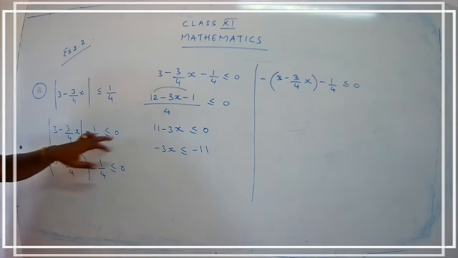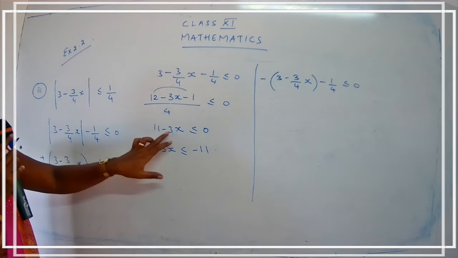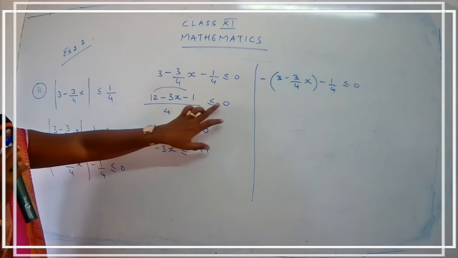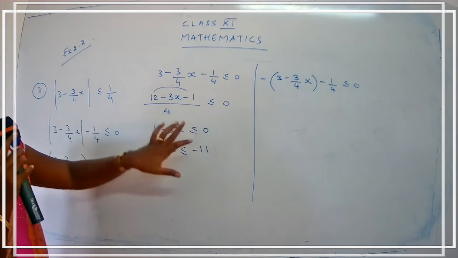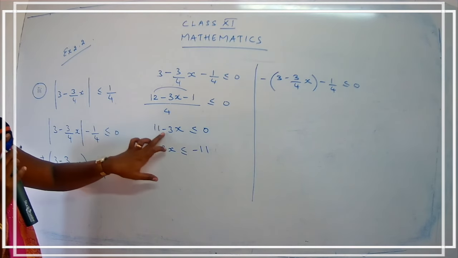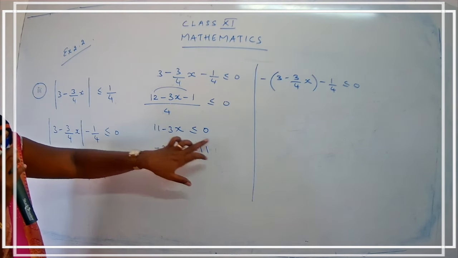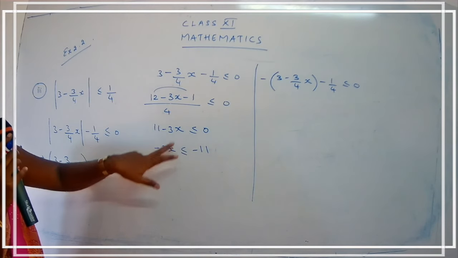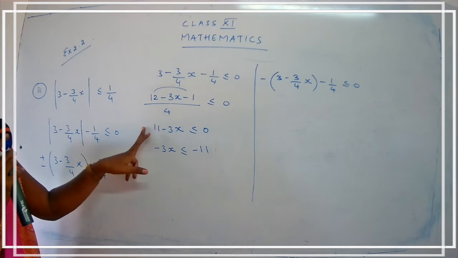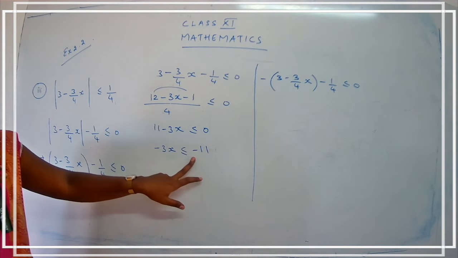I hope you are wondering where is this 4. 4, when it gets multiplied with 0, becomes 0. So the term vanishes. So 12 minus 1 is 11 minus 3x less than or equal to 0. So I'll keep the 3x term on this side, taking the 11 to that side. I'm just keeping the x term on this side. So minus 3x less than or equal to minus 11. This is plus 11, so when plus 11 goes to the RHS, it turns to be minus 11.